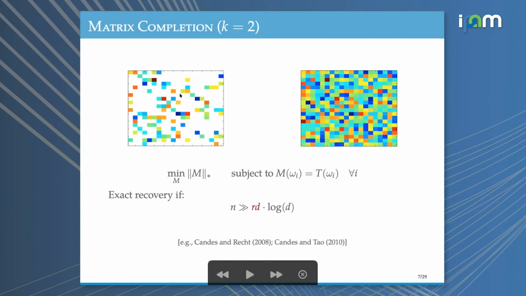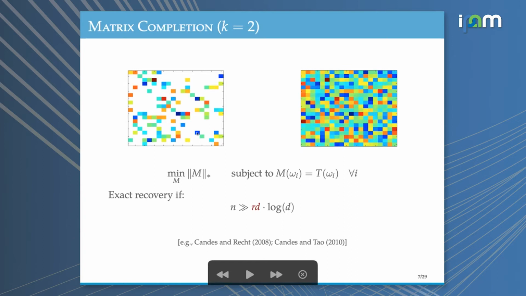So the blank spaces are the ones I don't get to observe. The question is, how can I recover the original matrix, which is on the right-hand side, just by looking at these partial observations?